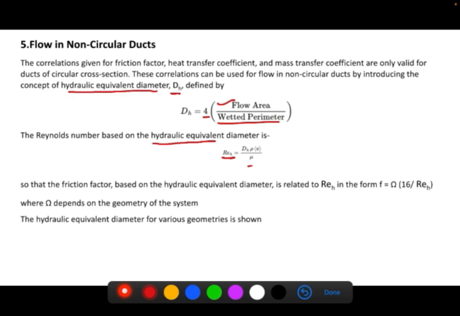So the friction factor based on hydraulic equivalent diameter is related to hydraulic equivalent Reynolds number in the form of F equals phi into 16 upon REH. Here REH is the hydraulic equivalent Reynolds number, where phi depends on the geometry of the system. The hydraulic equivalent diameter for various geometries are shown below.